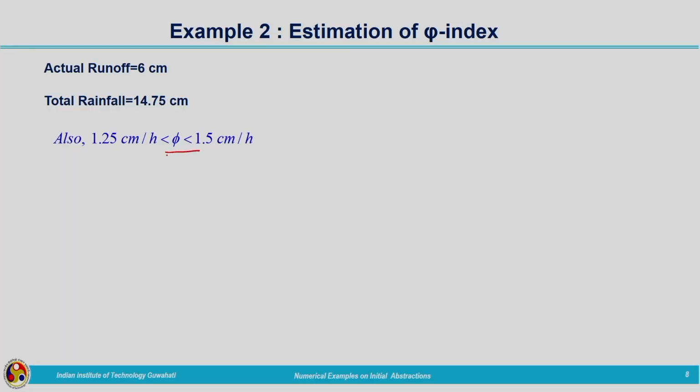So, abstractions should be reduced. For phi equal to 1.25 centimeters per hour, we got an overestimated runoff depth, and for phi equal to 1.5 centimeters per hour, it was an underestimated value. That is, the value of phi should be between 1.25 and 1.5 centimeters per hour.